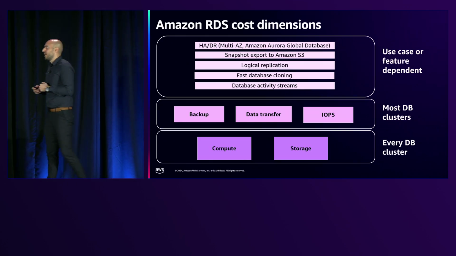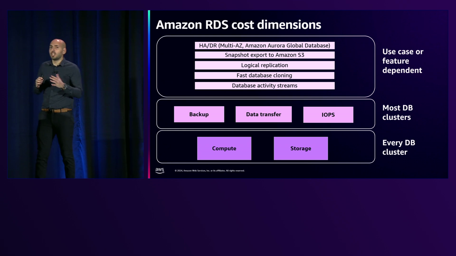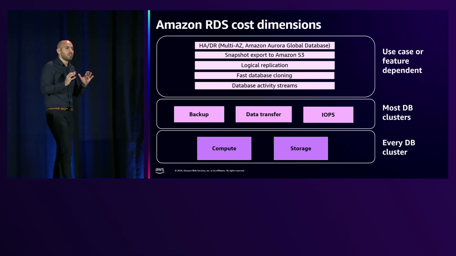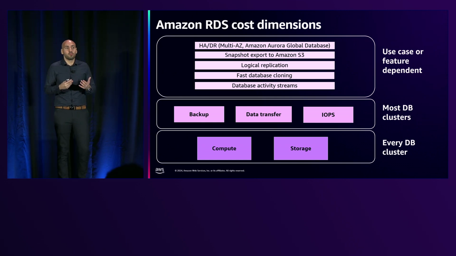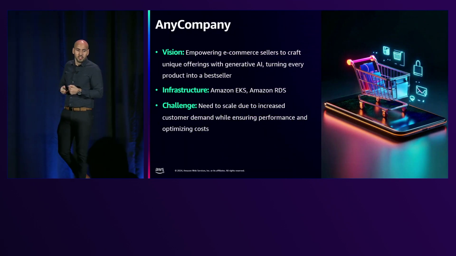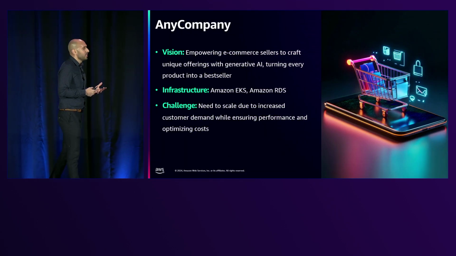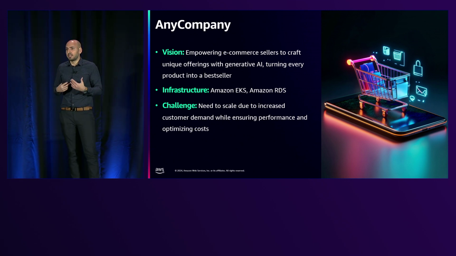And the way we will do that is by using examples from a company named Any Company. This is just a made-up customer journey, but it does represent some of the most common customer challenges that Tim and I often see in our day-to-day with customers like you. So to give some context, Any Company empowers e-commerce sellers with generative AI to turn every product into a bestseller.